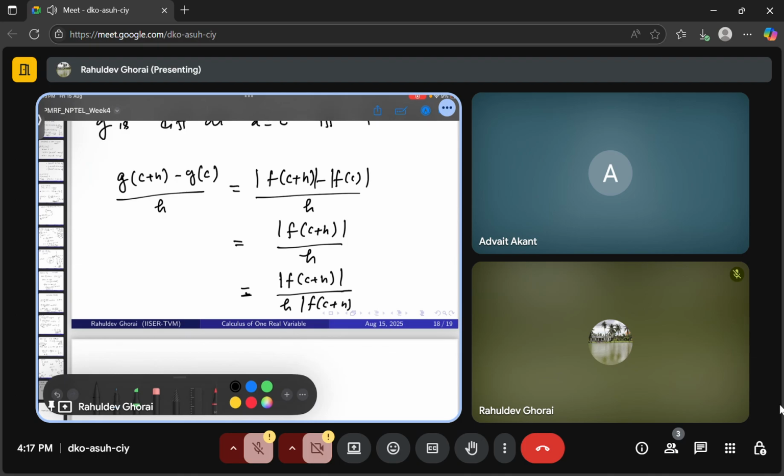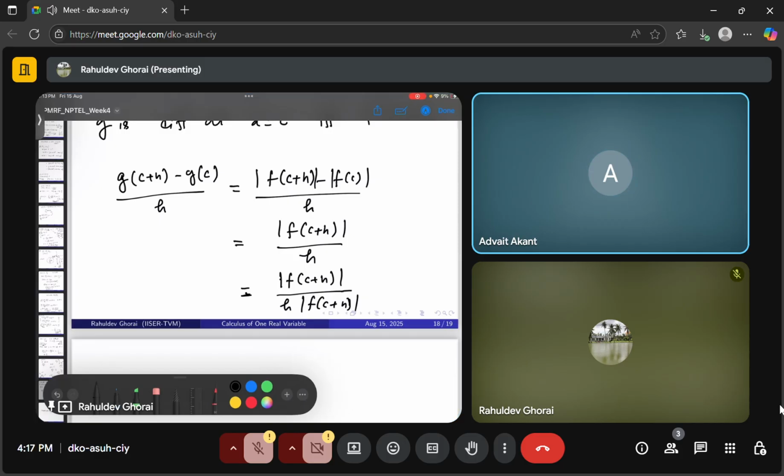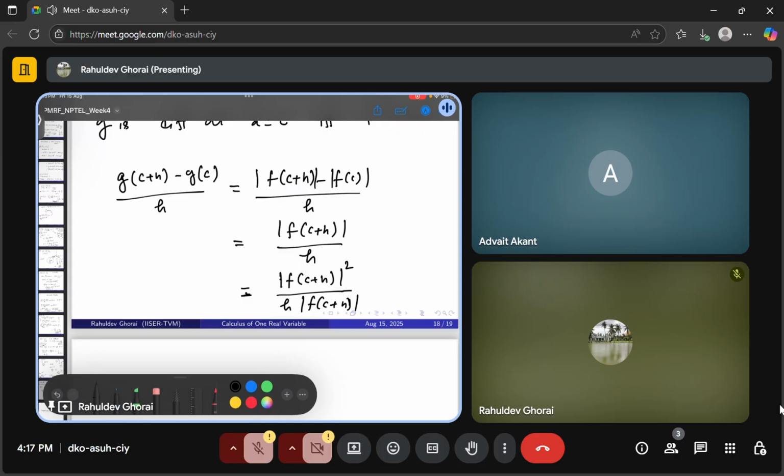Then we can, f of c plus h square by h mod f of c plus h. Okay, let's say no problem.